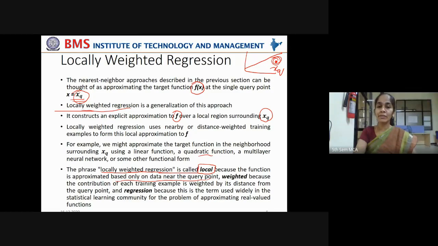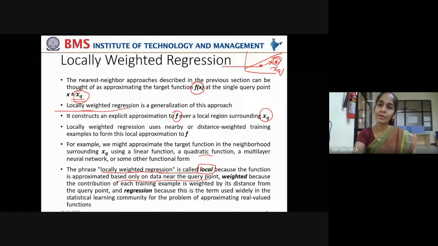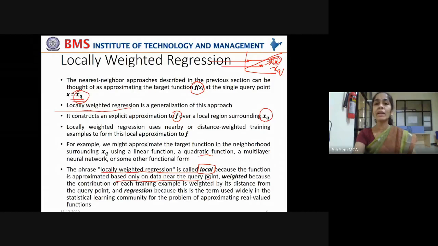Okay, and why do we call it weighted? Because the contribution of each training example is weighted by its distance from the query point. Now, say this data point near to this XQ is given larger weight. Some other data point is also a neighbor to this XQ, but it is a little farther, a little far away from the new data instance, so it will be given a lesser weight.